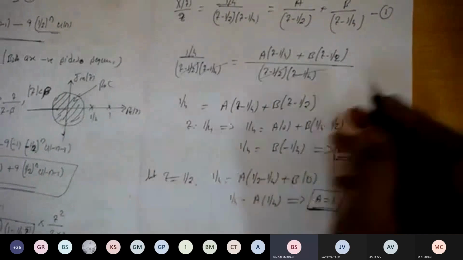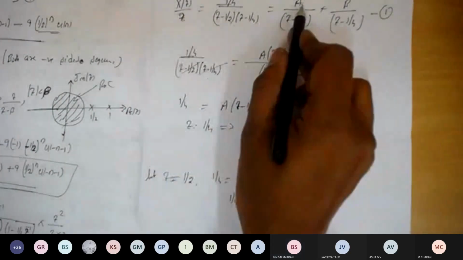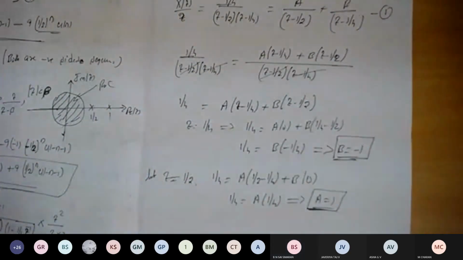Now we'll substitute back in equation number 1. In the meantime, let us cross multiply this one.